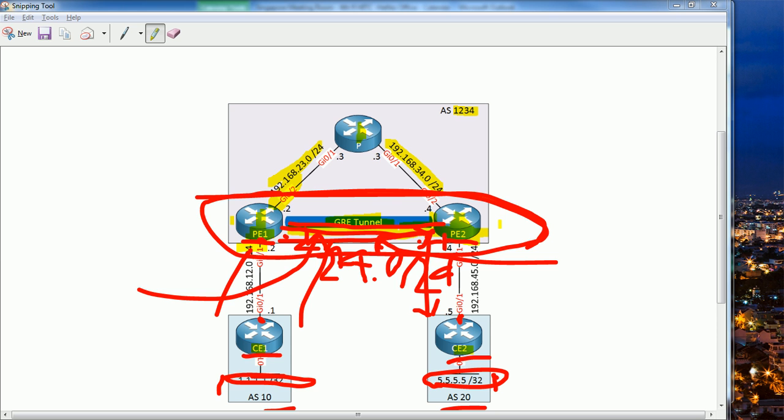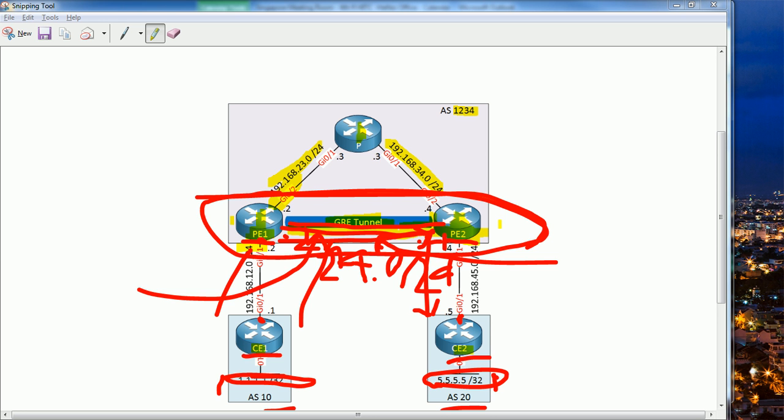On the provider edge router, BGP 124, we create a neighbor to P1, 2.2.2.2. Okay. Let's take care of IBGP.